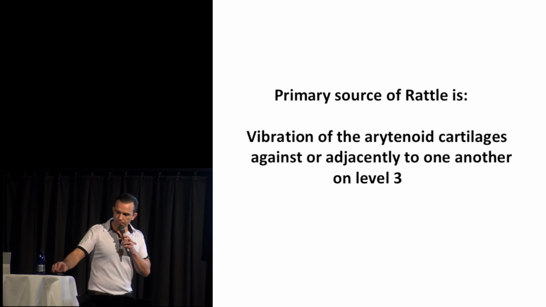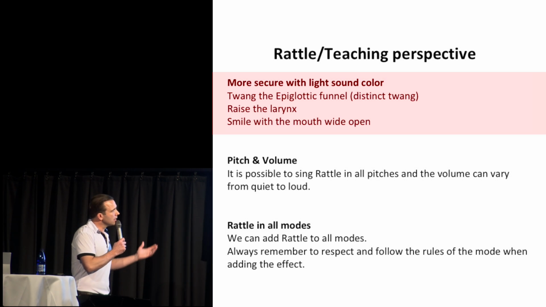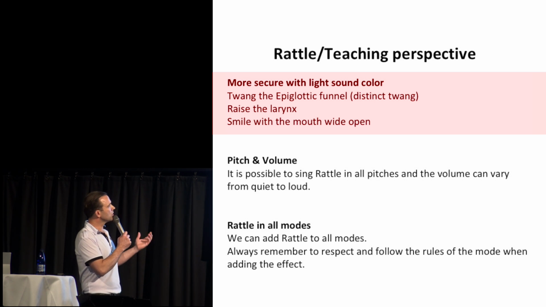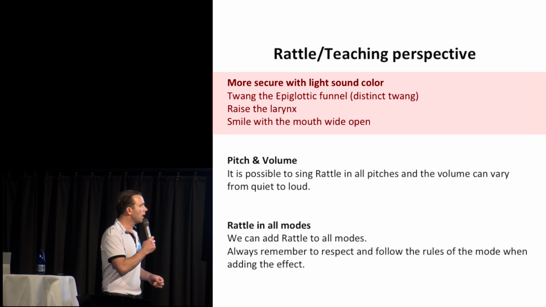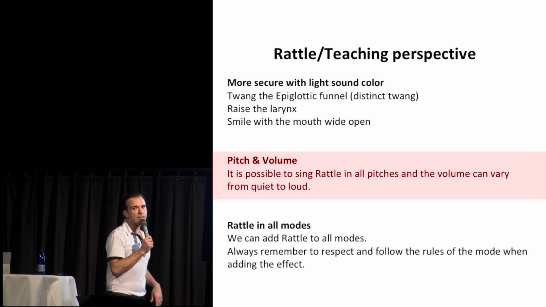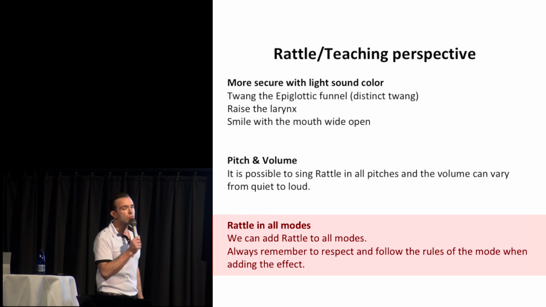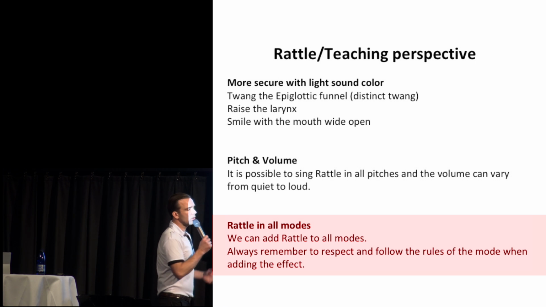So rattle from a teaching perspective: again, it seems like with distortion that it's more secure initially with light sound color, but of course the sound color can vary as with distortion as soon as the effect is well implemented into the system and we know where it's located. It's also possible to sing rattle in all pitches and volumes, and we can do rattle in all notes. I'm not gonna bore you with that, but I can show you a rattle.